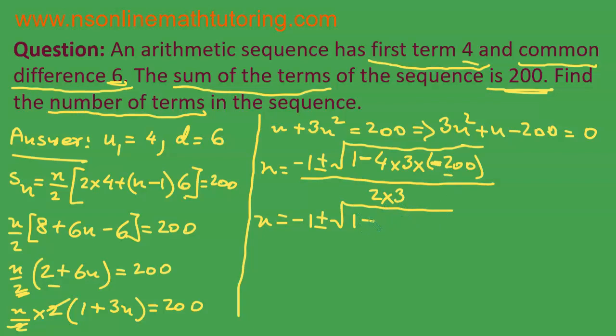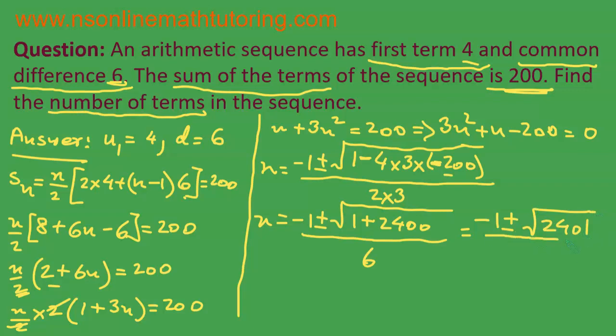So it is negative 1 plus or minus the square root of 2401 over 6. Let us find the value of the square root of 2401 first of all.